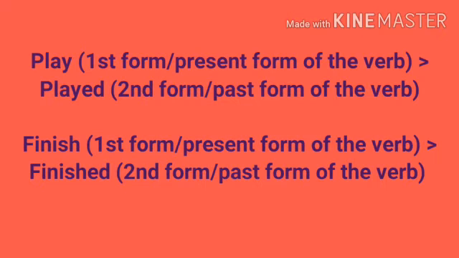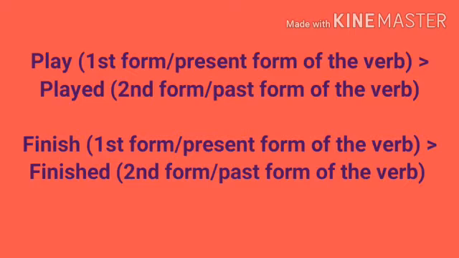Here the first form or the present form of the verb was play, then ed is added, then it has become played, which is the second form or the past form of the verb. Next, finish, which is the first form or the present form of the verb.